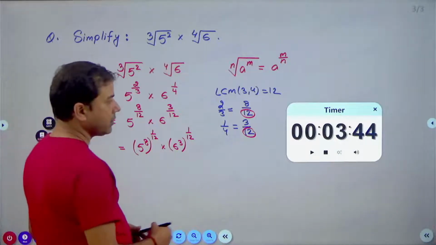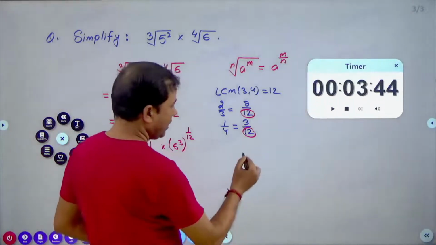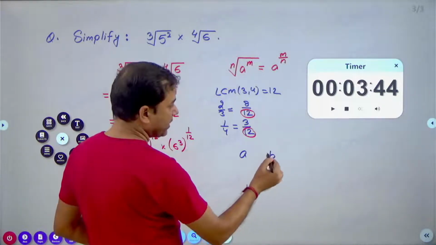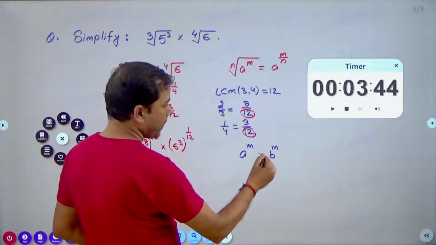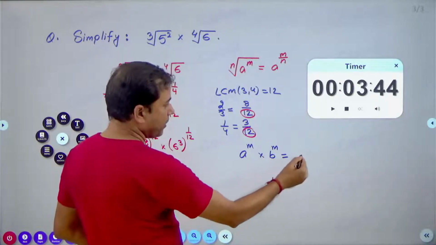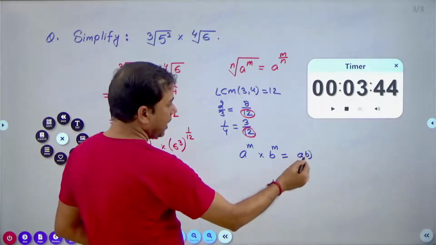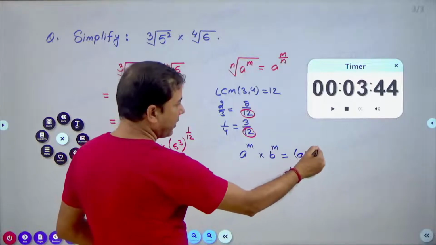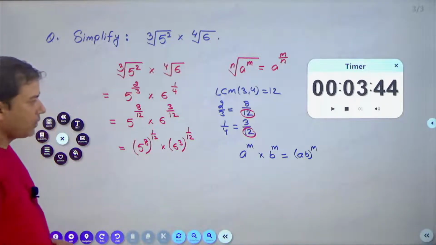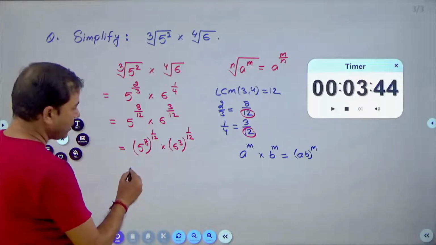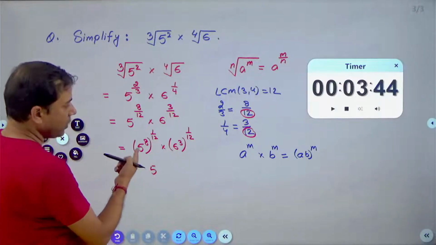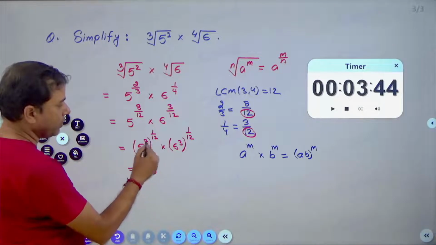The rule is this: if you have different bases with the same powers, you can directly multiply their bases together and keep the power the same over it. We'll follow that rule. Let us multiply the bases together. Since it's going to be a very large number, I'm not going to simplify this.